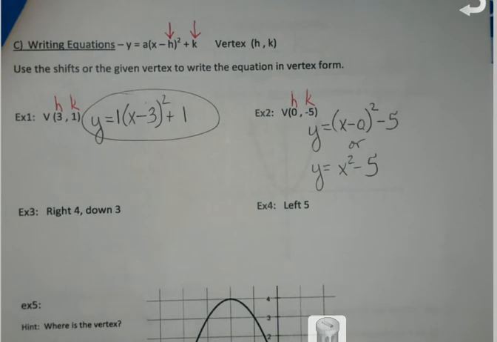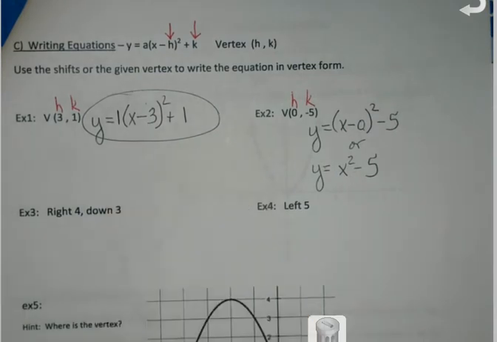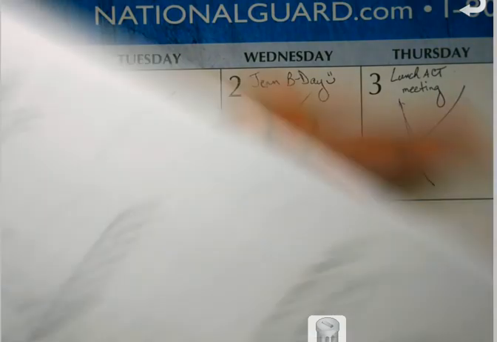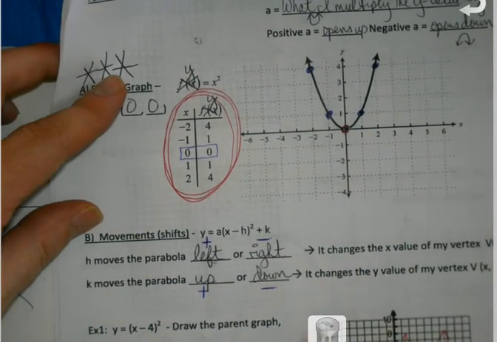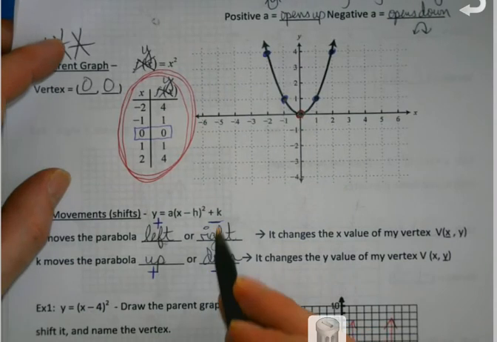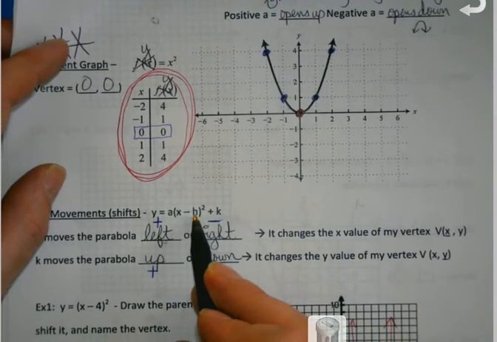What if they only give me the shifts? Okay, I can make that work. So I'm like, right 4. Let's go back for a second here. Right 4. Back to the front. So right means it's going to be a minus in the parentheses. Okay.